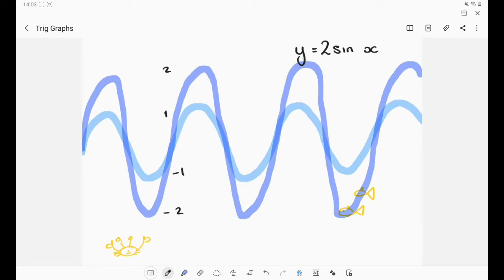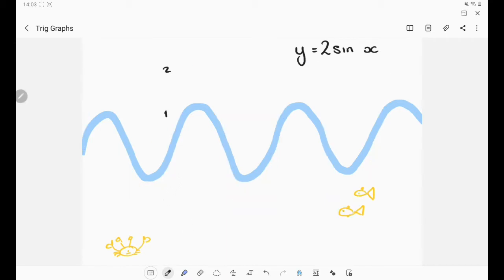Everything is going to be twice the height. So if your normal sine graph, instead of being between 1 and -1, it's between 2 and -2. So that's one option. We can have a stormy day. Let's have a look at the other options.